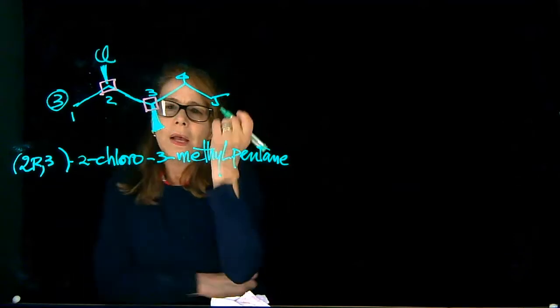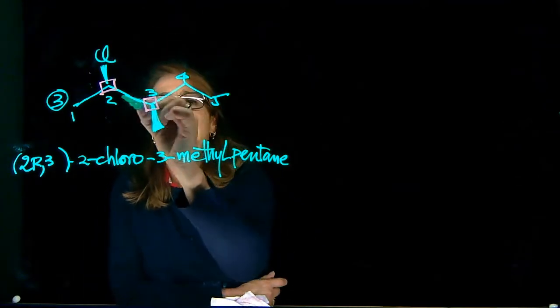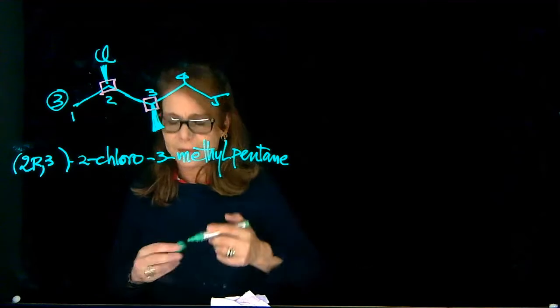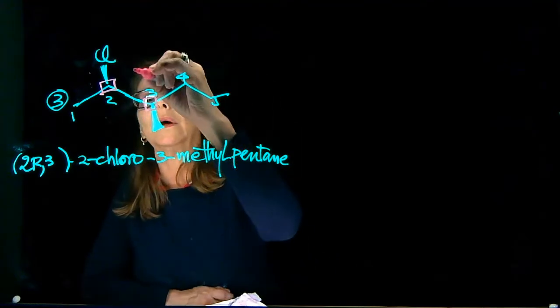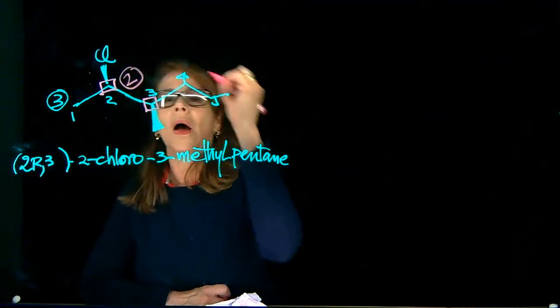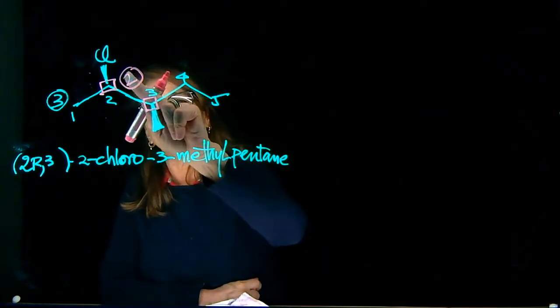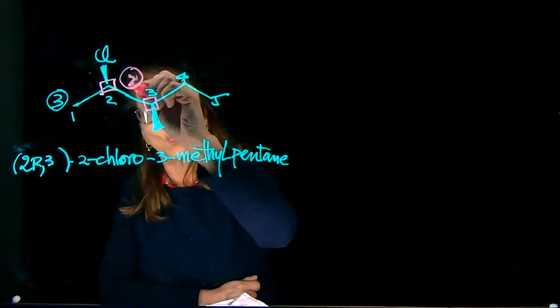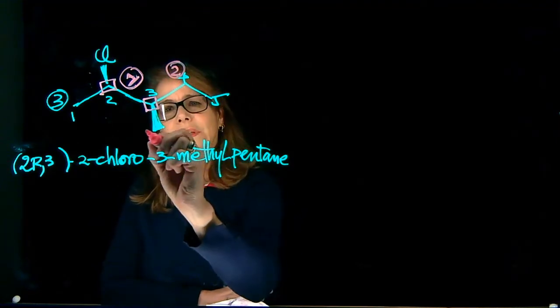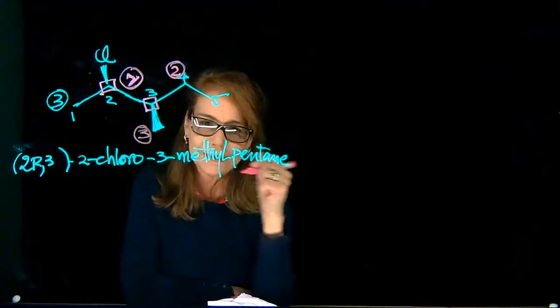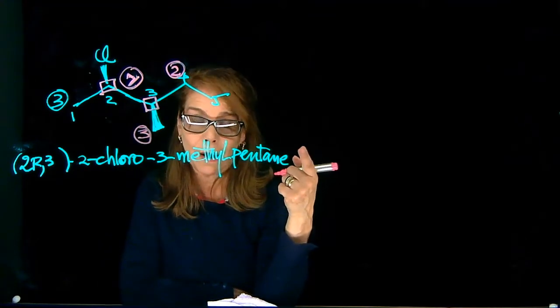I need to redraw my chlorine. So I said between these two, this side where the chlorine is has higher priority, again, because chlorine has higher atomic number, so I'm going to put a 1 here, priority 1. Priority 2 will be this side, priority 3 is a methyl, and the hydrogen is priority 4.